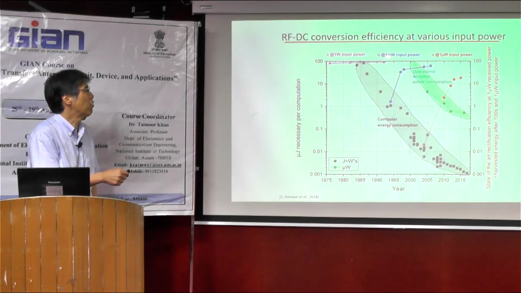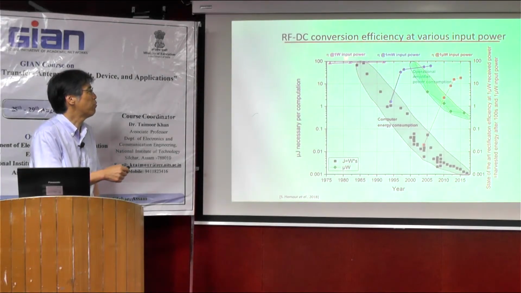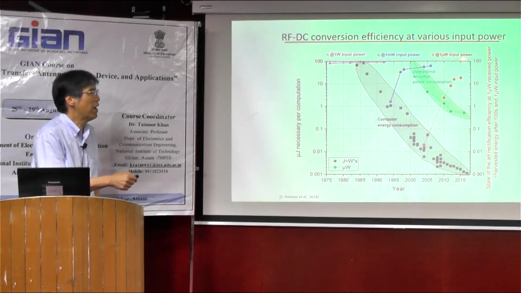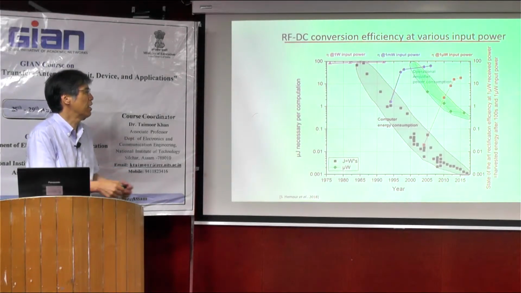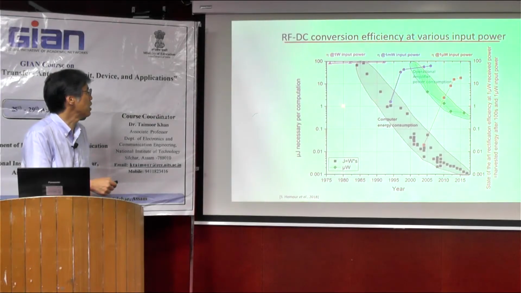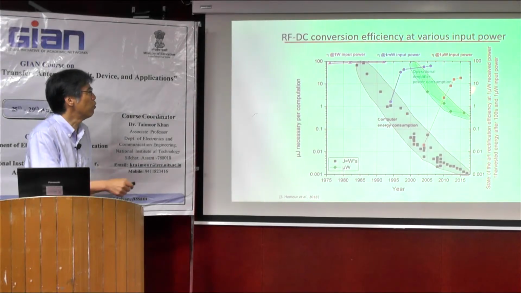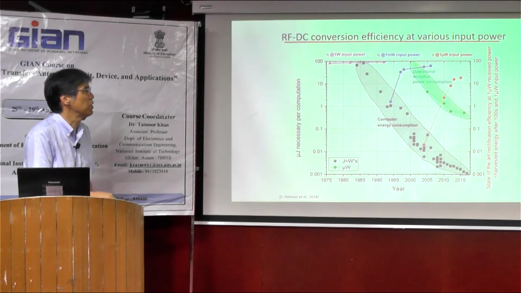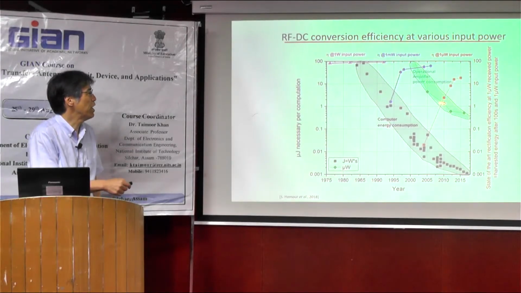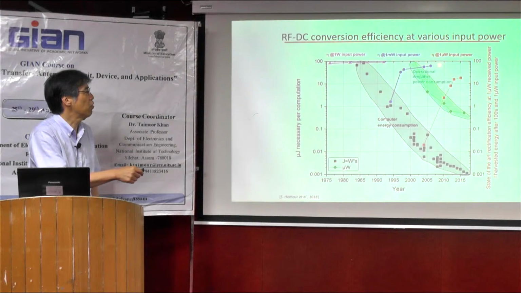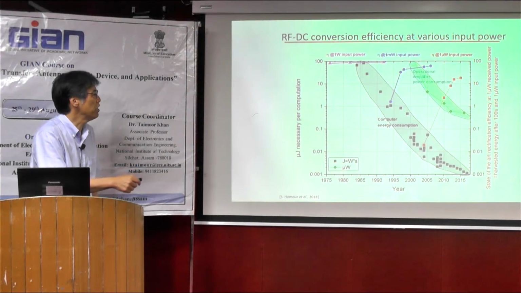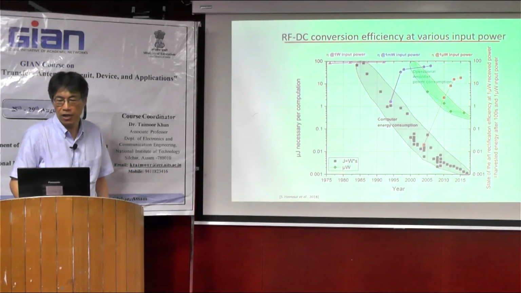But if we decrease the power from 1 watt to milliwatt, microwatt, of course, efficiency is not good. Efficiency is very low. But year by year, we have new technology and this conversion efficiency is increasing year by year.